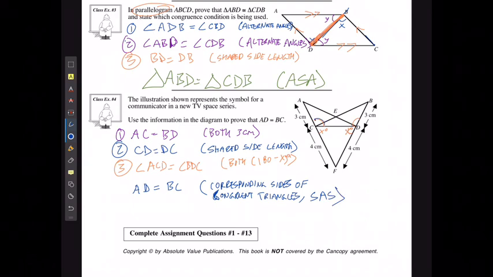If this angle is the same as this angle, then this triangle and this triangle are going to be the same.